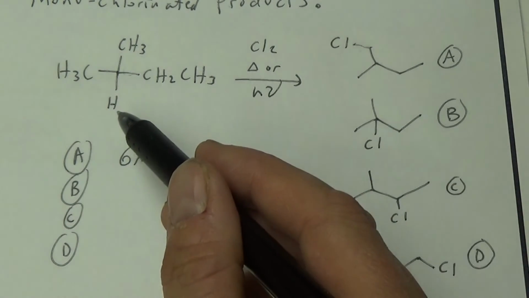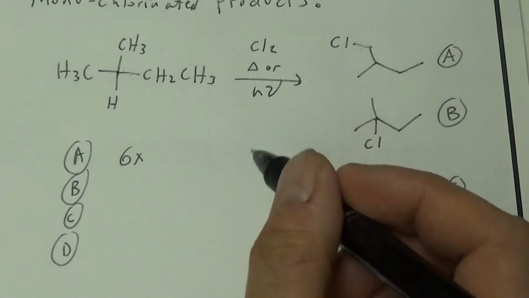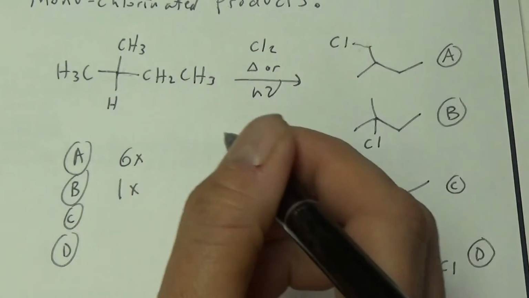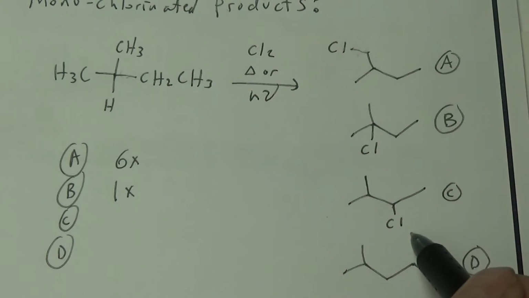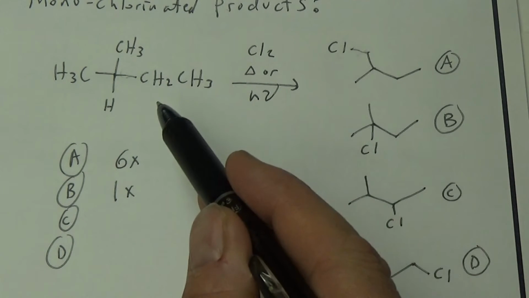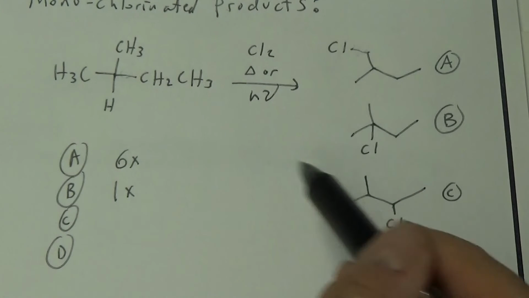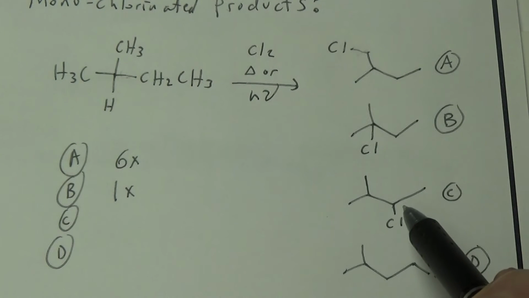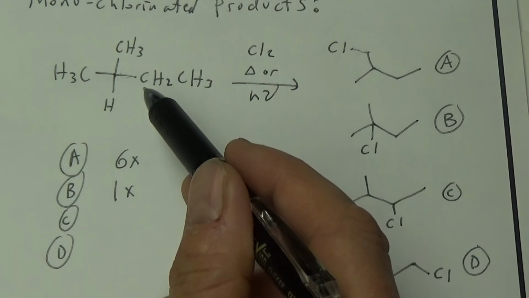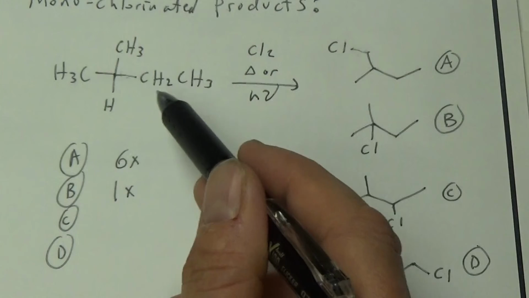There's only 1. For C, how many hydrogens could be replaced with chlorine to give you product C? I usually look at product C and move my pen around: that's the carbon here, what's the carbon over there, and how many hydrogens are there? There's 2.